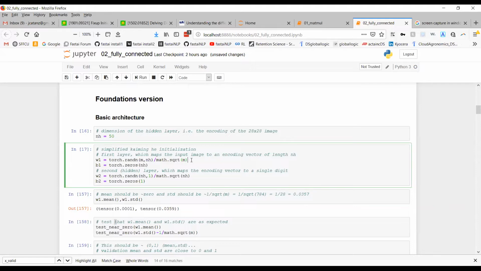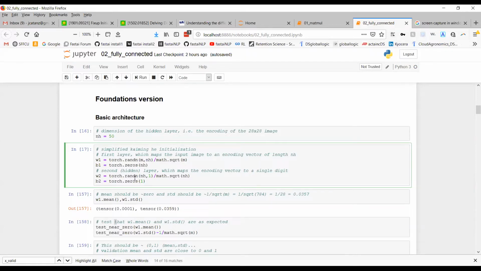I don't remember why we're dividing by the square root of the number of rows. I'll leave that for later. And b1 is the column vector of the biases, and we always initialize that to 0.